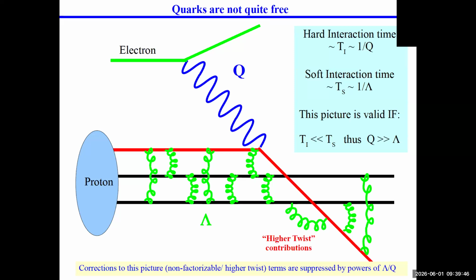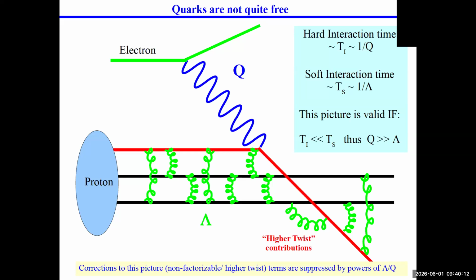We're going to have corrections of order Lambda over Q, mostly Lambda squared over Q squared. Lambda is a few hundred MeV, so if my Q squared is a GeV squared or more, this is a good approximation. It gets knocked out so quickly, it doesn't have a chance to telephone back and say, I got hit by a W or a photon or something like that.